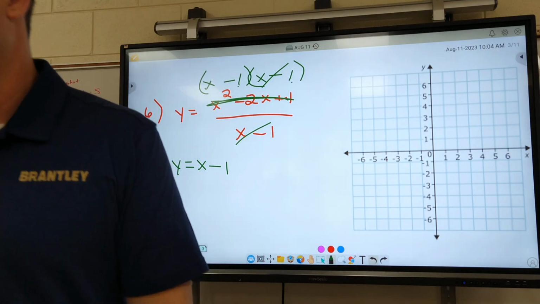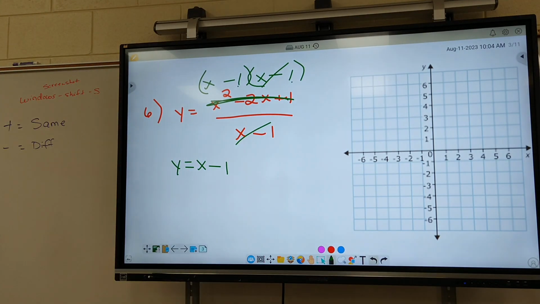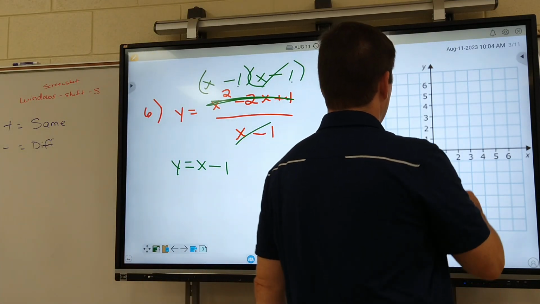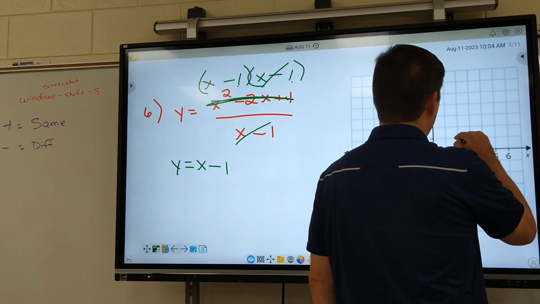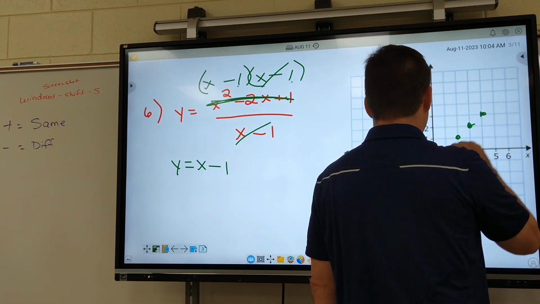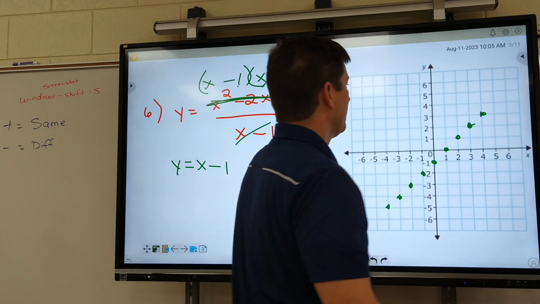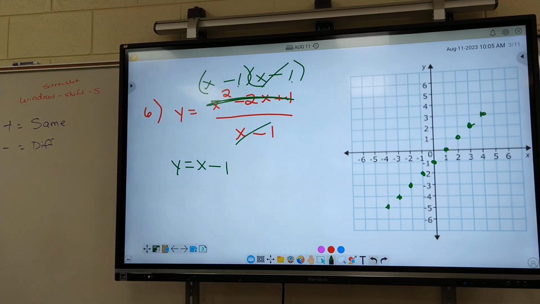Graph it. Go to -1 for your starting point. You got to rise up and run of up 1 over 1. And make your points all the way across your graph. All right, where's the hole at?